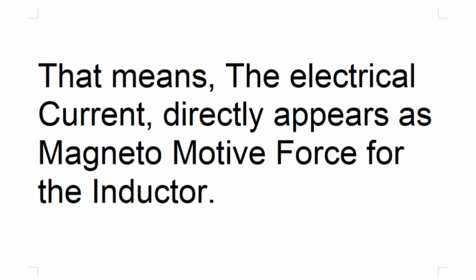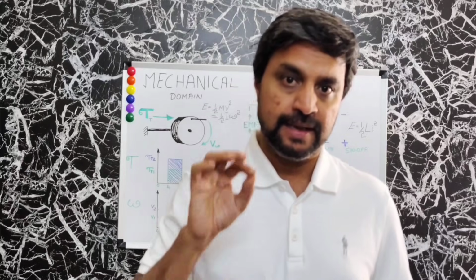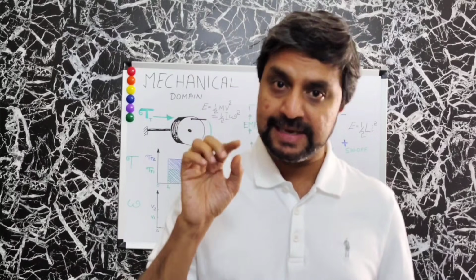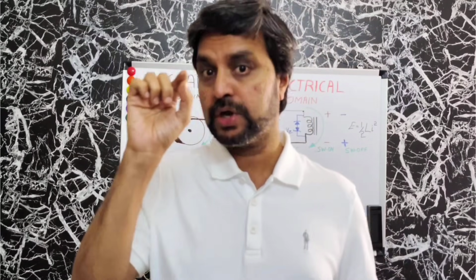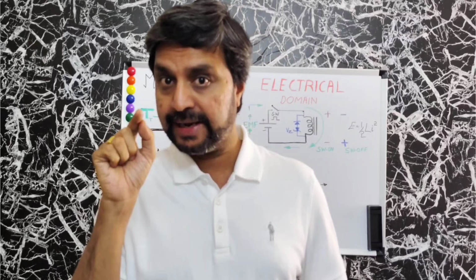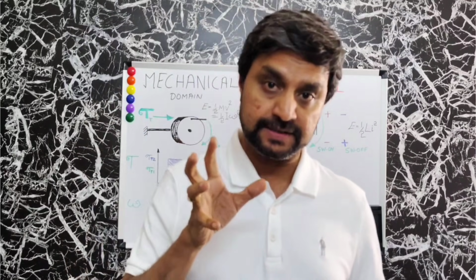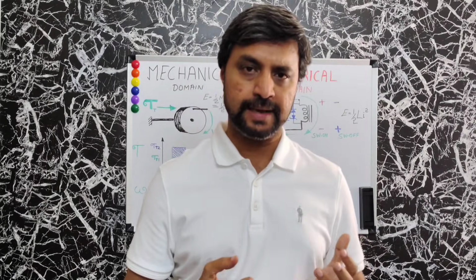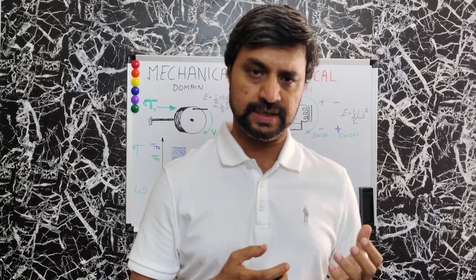That means the electrical current directly appears as a magnetomotive force for the inductor. In the case of a magnetic system, the cause is the current through the coil, and that creates the result, which is the flux. Ohm's law can be applied to any zero order cause and effect system.